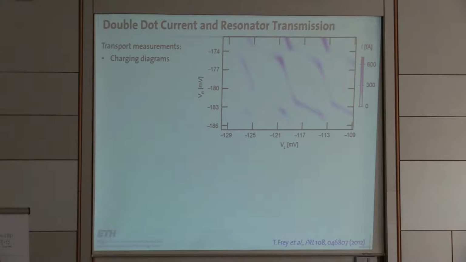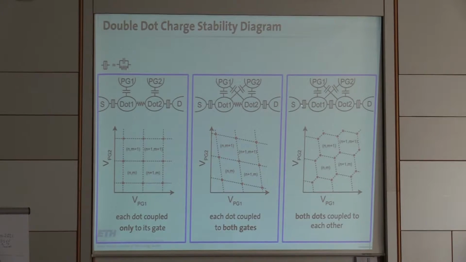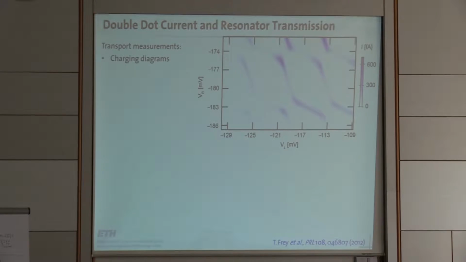For a transport measurement to work, you have to have the tunnel barriers open enough so that charges can move from source to the left dot to the right dot to the drain. Here the tunnel barriers are quite open, and this is a plot of the current in femtoamps versus the gate charges, which change the number of electrons in the double dot. If you put dashed lines on it, you see the honeycomb structure.